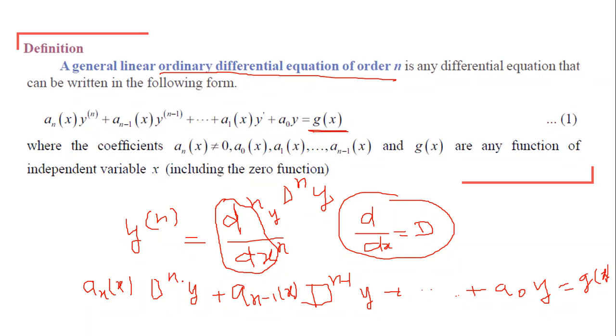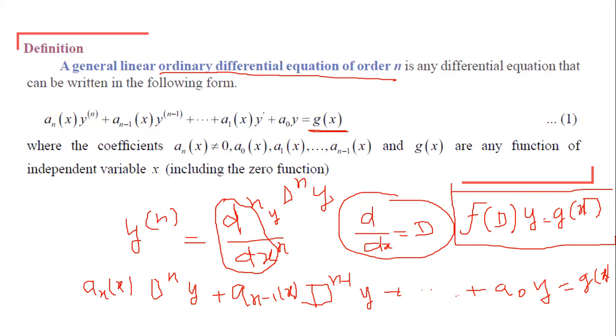Okay, so this is the general form. In symbolic format it is f of D, y equal to g of x. This is the symbolic format of the ODE.